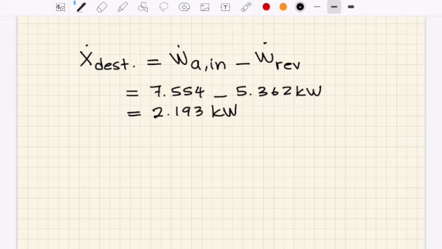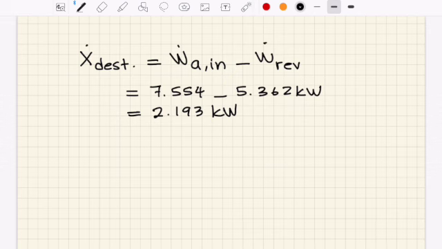The way to calculate the rate of exergy destroyed is to figure out the reversible power input, and to do that, you have to use the exergy balance as we have done. From there, you can calculate the rate of exergy destroyed.